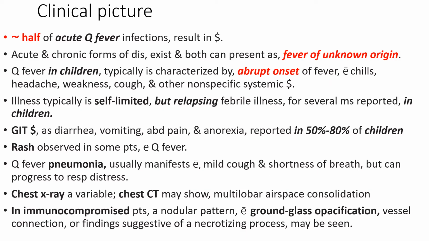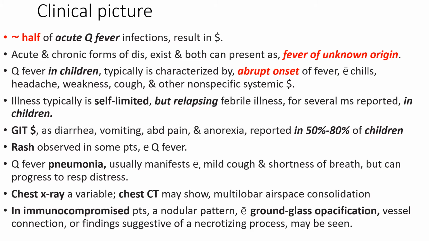Clinical picture of Q fever. About half of acute Q fever infections result in symptoms. Let's say the other half does not result in symptoms. Acute and chronic forms of the disease exist and both can present as fever of unknown origin.